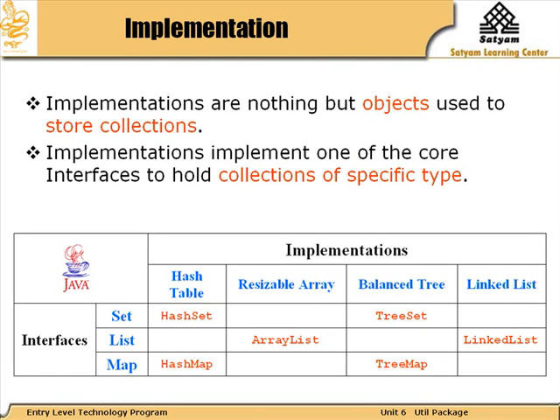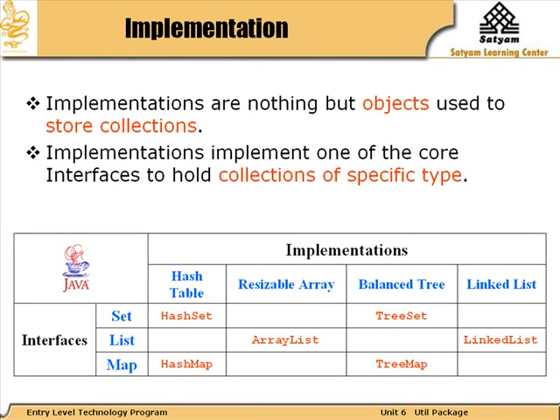LinkedList also implements the list interface. It implements all algorithms of a linked list data structure, like add elements at a specified index or remove element from a specified index, and so on.